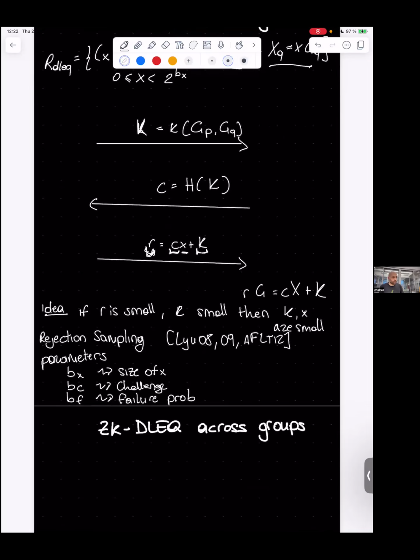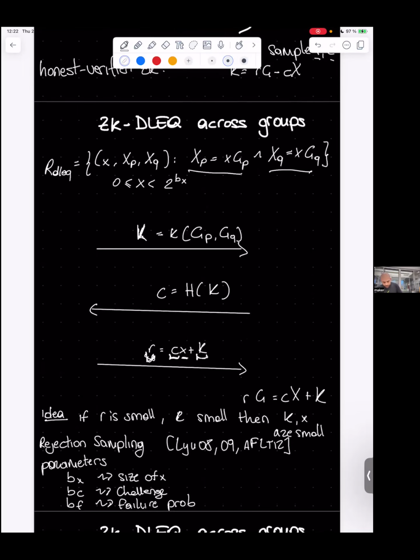And so the way that we do this is that we take, instead of just taking a random C in the field, a C that is small, between 0 and 2 to the C. So that we are taking a challenge that is potentially smaller, and obviously this will affect soundness.